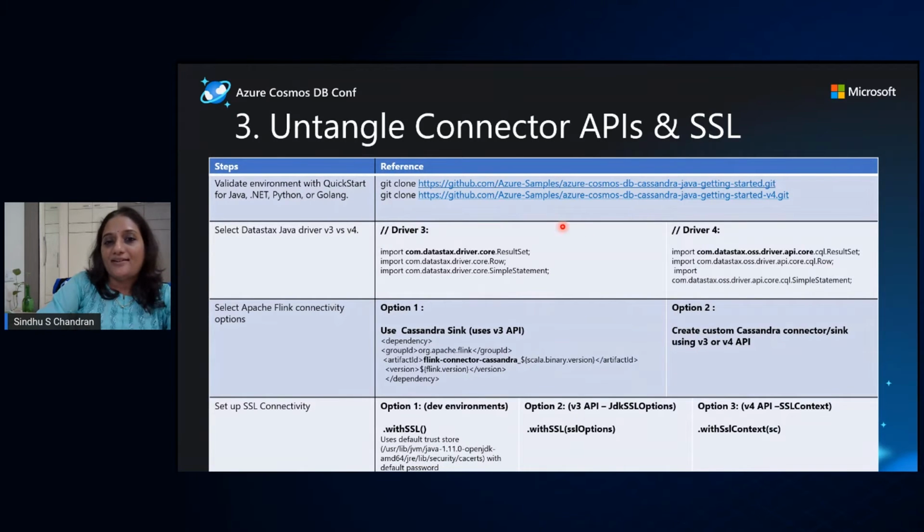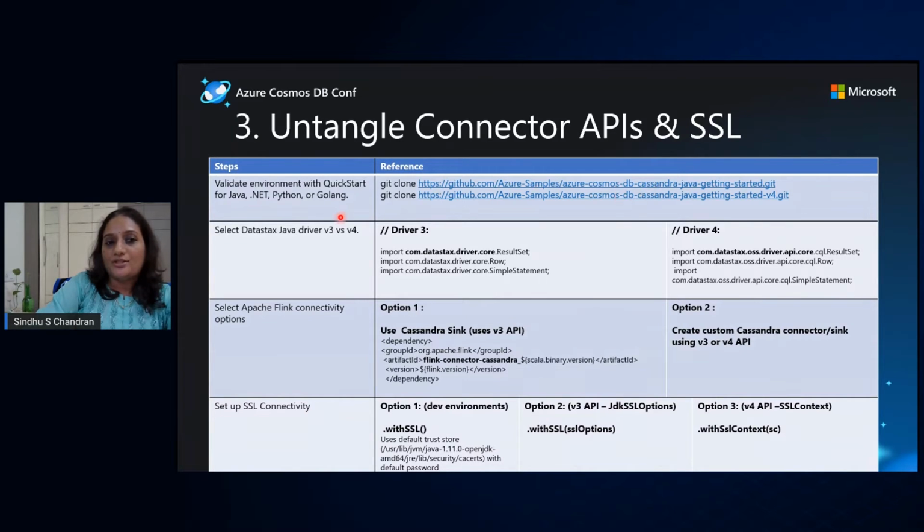Okay, and this is where I think as a developer, you would probably spend some time, because there are some differences here, some changes which might be needed to your code to make sure things work seamlessly. But very nicely, we have a lot of examples available here already. So the first thing I would do is take one of the sample applications which are provided to validate your connectivity in the Azure environment.